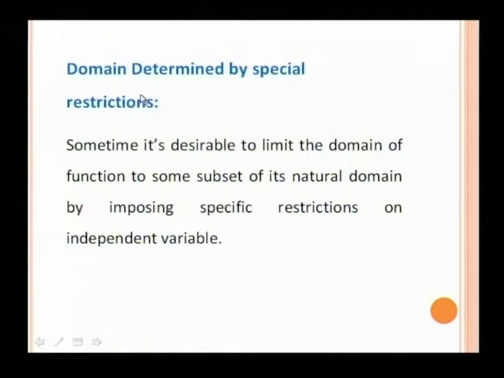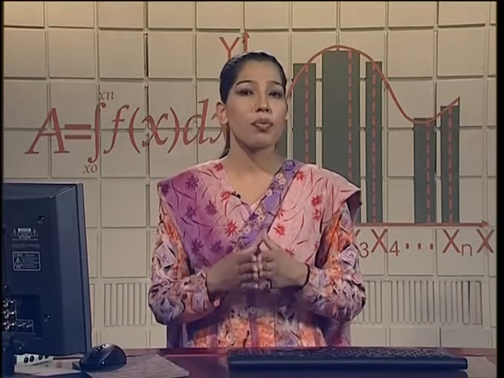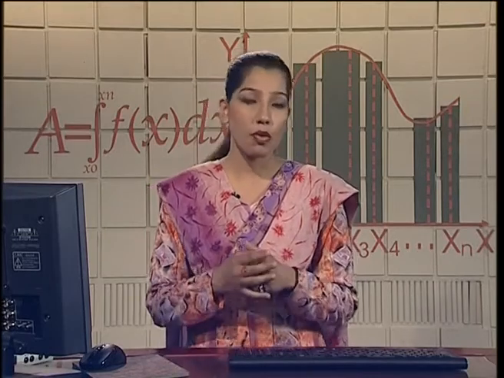Domain determined by spatial restriction: sometimes it is desirable to limit the domain of a function to some subset of its natural domain by imposing a specific restriction on the independent variable. So the domain which would be determined this way would be considered domain determined by spatial restriction.